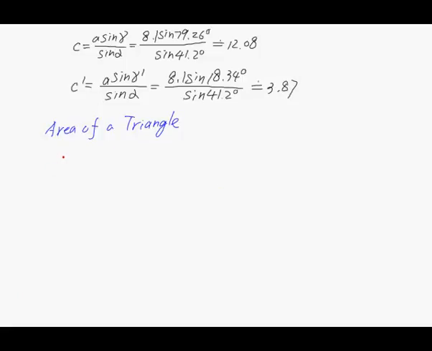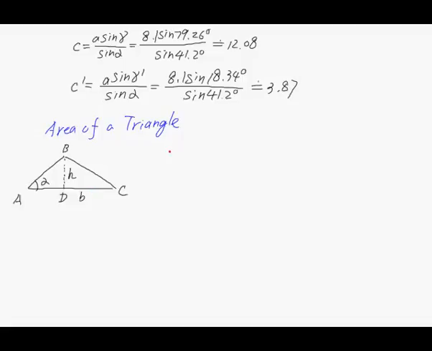So suppose we have such a triangle with vertices A, B, and C. Okay, and this is the point D. Now, suppose the length of this altitude is h, and we know the angle alpha, and this is the length of this bottom side b.